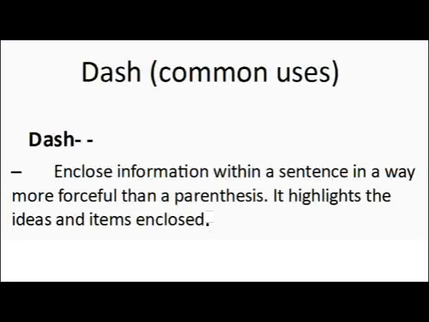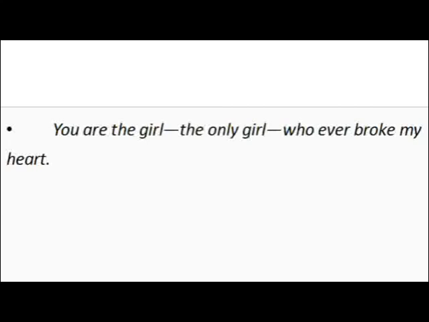The next punctuation we'll take a look at is a dash. Okay, when would you use a dash? And you have an example of dashes there right after the word dash. It's to enclose information within a sentence in a way more forceful than a parentheses. It highlights the ideas and items enclosed. For example, you are the girl, the only girl, who ever broke my heart. They want to stress the idea that it's the only girl.